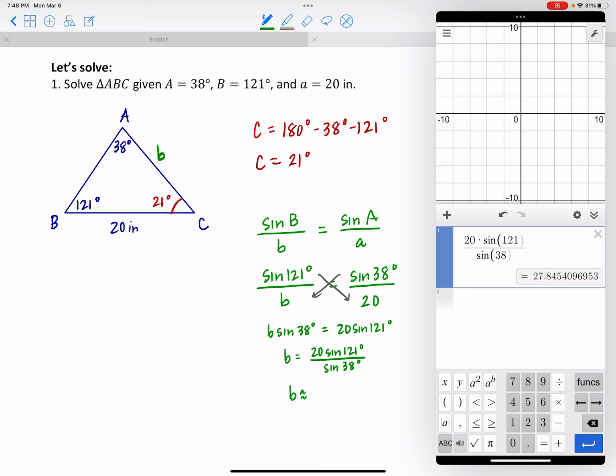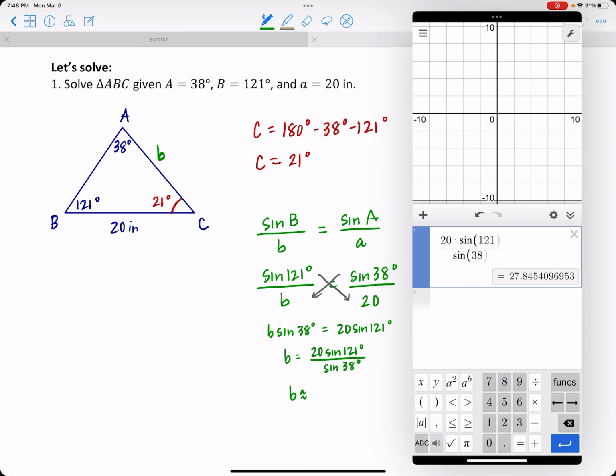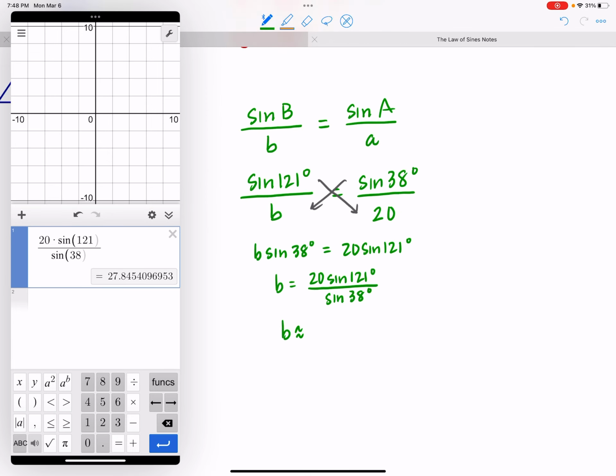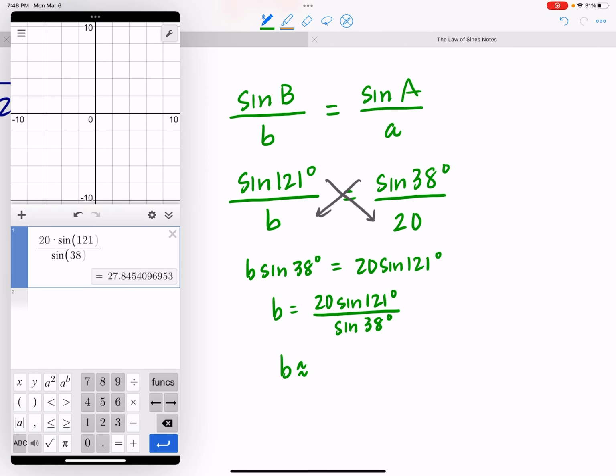I worked this out before recording the video to make sure everything was fine, and I'm looking at the wrong problem in my completed work. This is not what I got. Gosh, guys, sometimes I do not even know. Okay, so this all looks good.